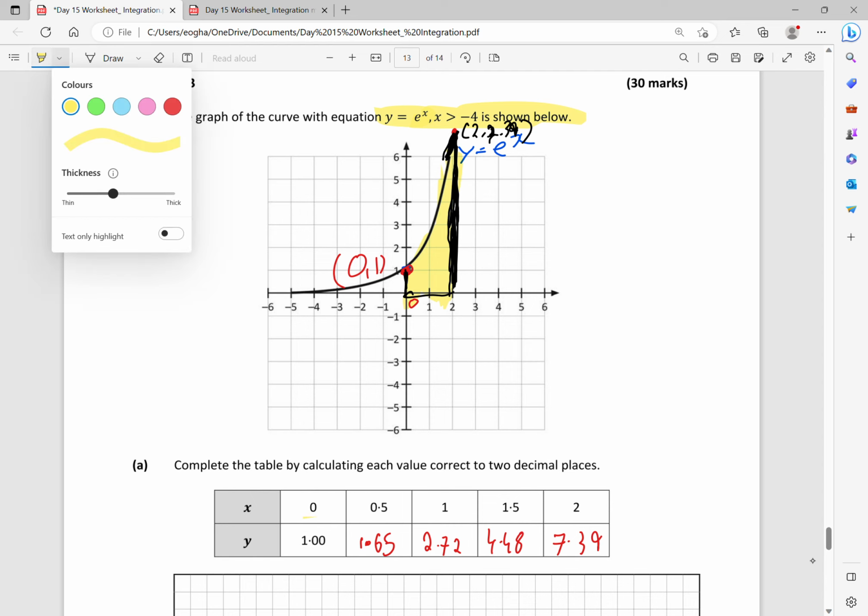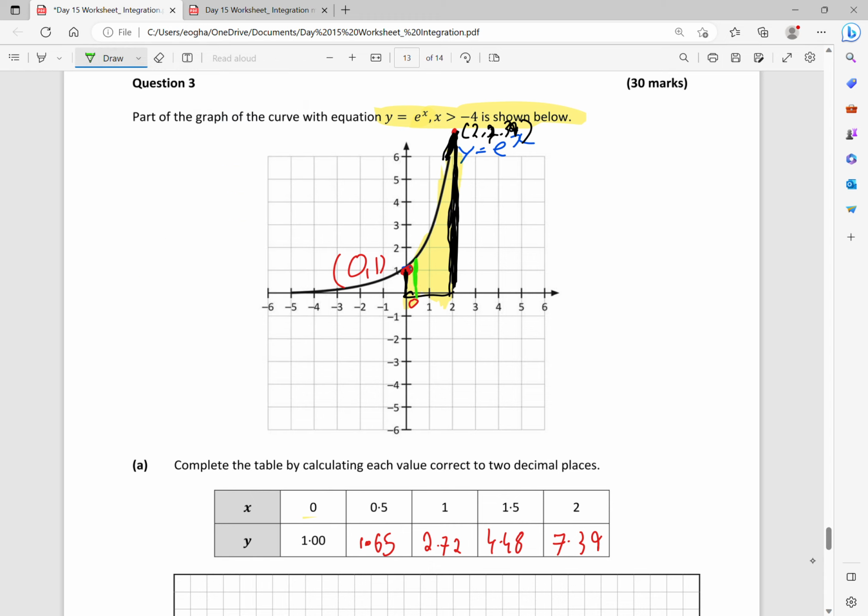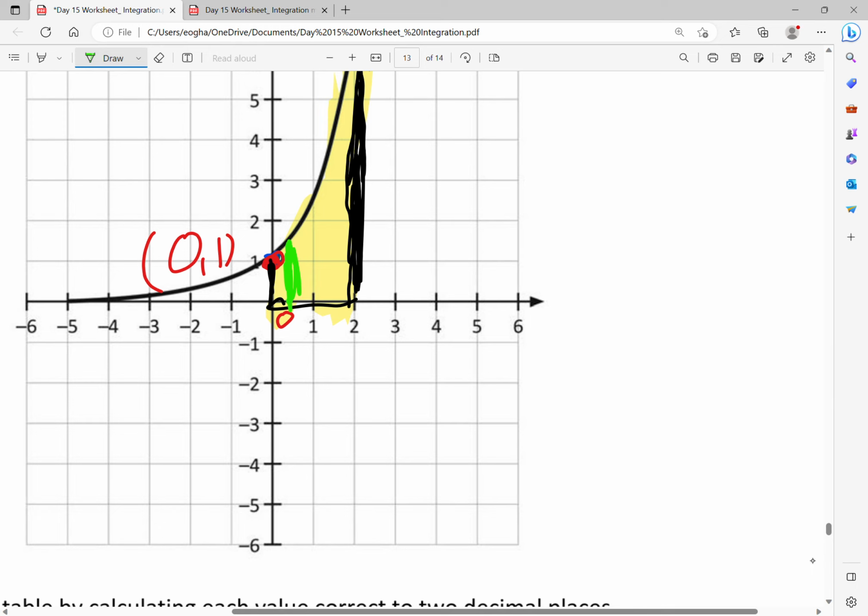Now, in our case, what it would be doing is you would be creating a number of trapezoids, each of a width of 0.5. Okay, let me zoom in a bit. Each of a width of 0.5. Let me just try that one more time.